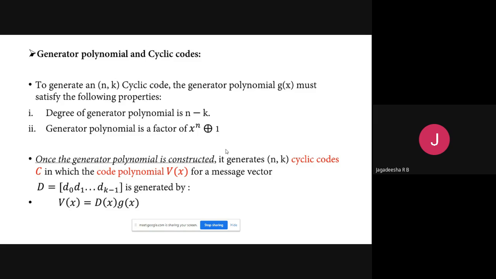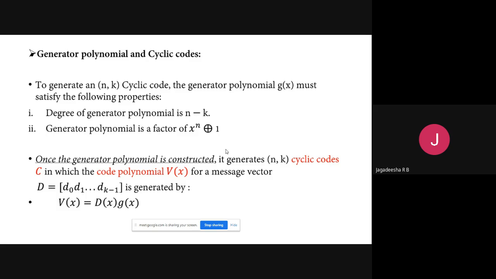The second property is that the generator polynomial is a factor of x power n plus 1. I said n and k are some numbers, maybe 6, 3 or 7, 4 and so on. So n is a number, maybe x power 6 plus 1. The second property says the generator polynomial is a factor of x power 6 plus 1 if n is equal to 6. So what is a factor? The factor is a key word here.